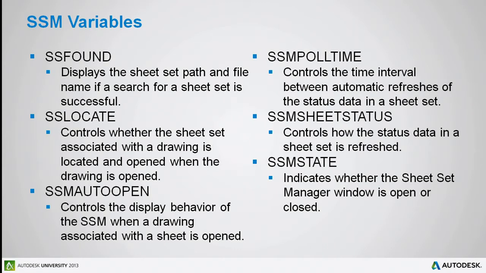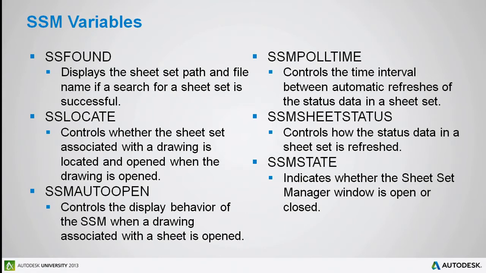SSLOCATE. This basically tells Sheet Set Manager, right? Bear with me a second. Let me get my bearings on this. Okay. SSLOCATE has two values, on or off. If SSLOCATE is turned on, it tells AutoCAD to open the sheet set file that's associated with that drawing.